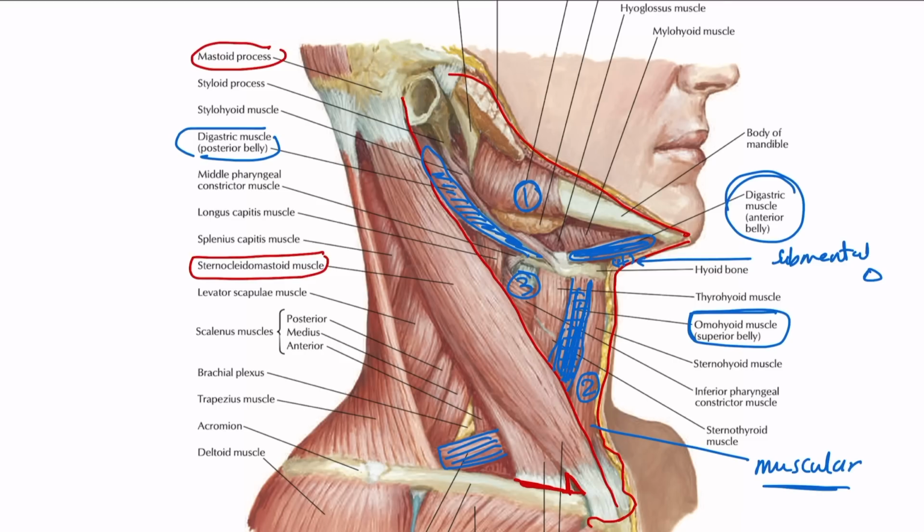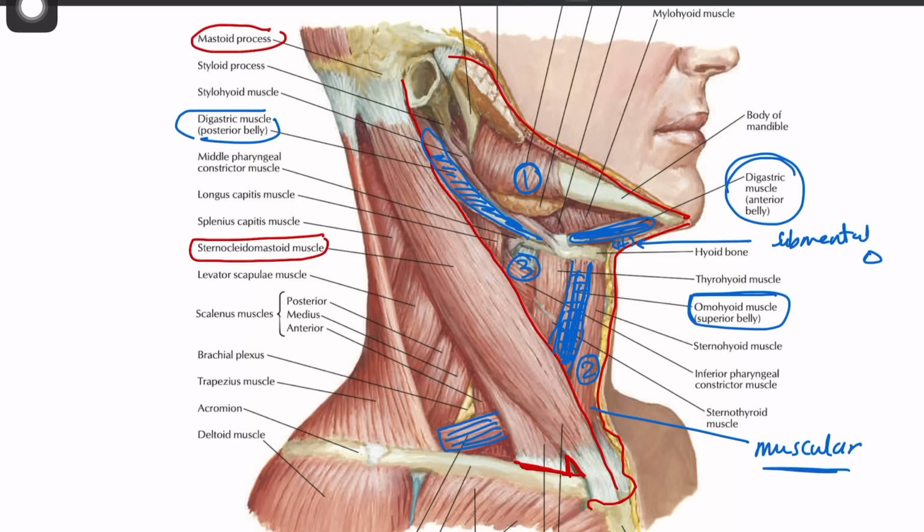Okay, so now we can state the boundaries of each of these triangles, the subdivisions of the anterior triangle. Also, if you look at the posterior triangle, you can see the inferior belly of the omohyoid muscle dividing it into two triangles: the occipital triangle just above it, and below it the clavicular triangle.